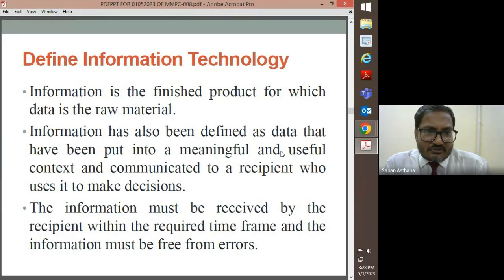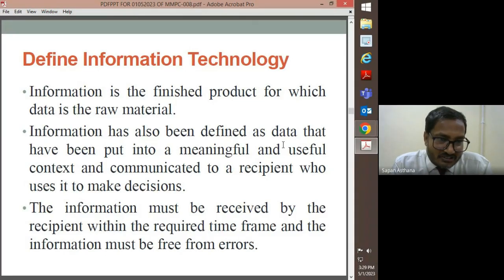Now, learners, we will discuss the definition, because when you study in a very theoretical manner, you need to know the definition of information technology. Information is the finished product for which data is the raw material.